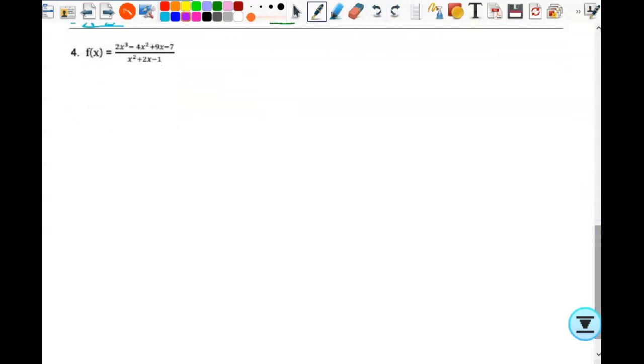I need to find my slant asymptote. Can I use synthetic division here? No. So I'm going to have to use long division. So I'm going to have x squared plus 2x minus 1 divided into 2x cubed minus 4x squared plus 9x minus 7.